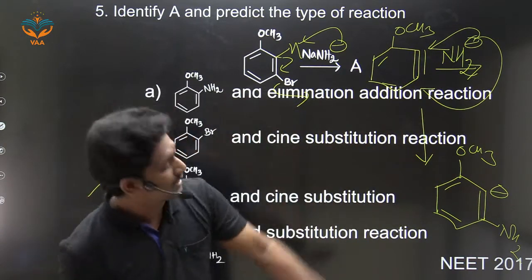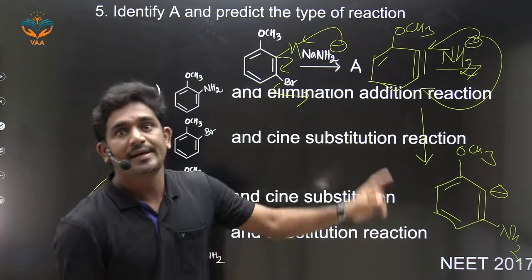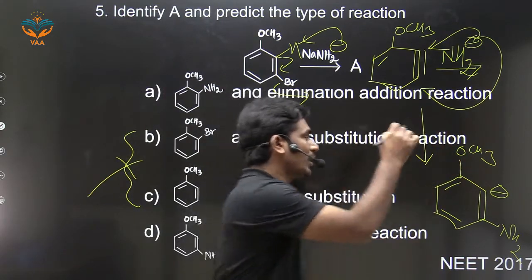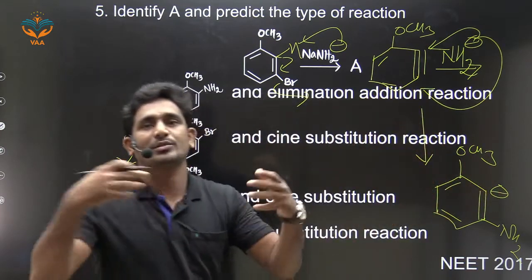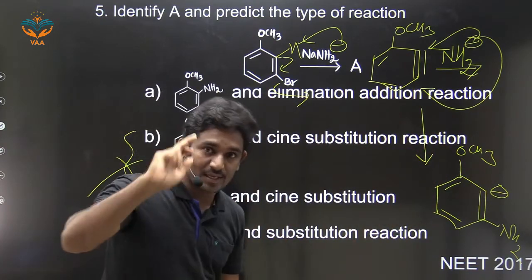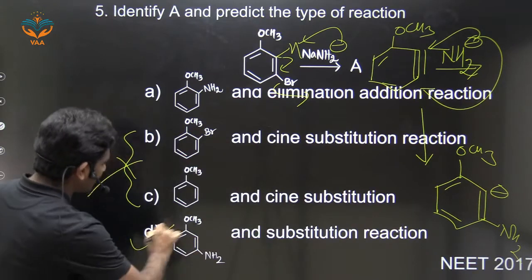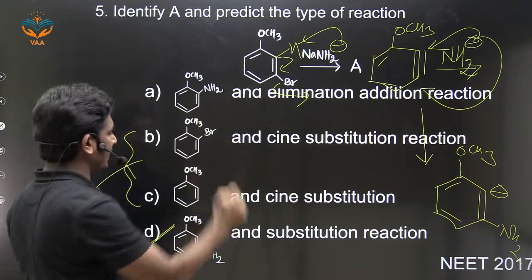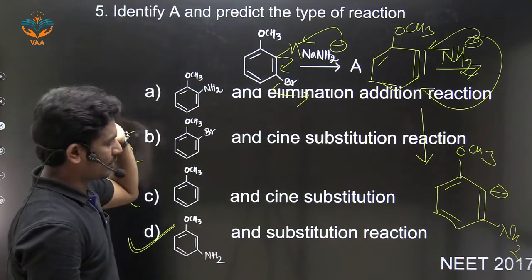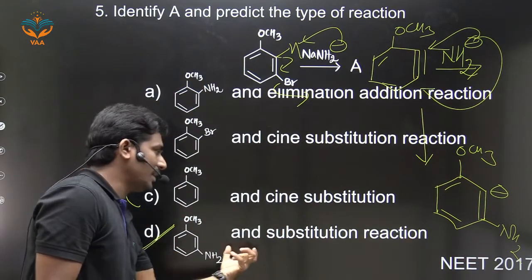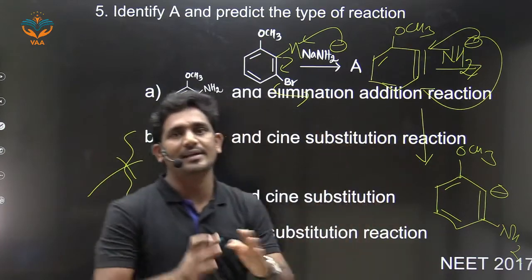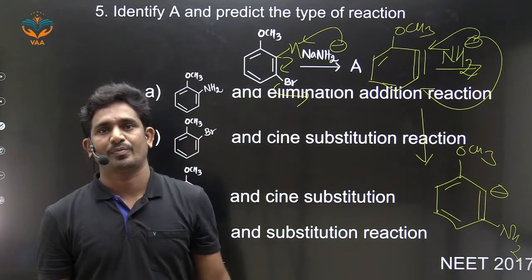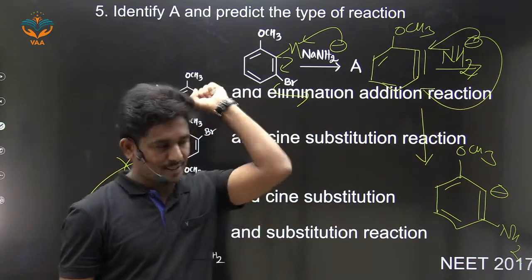This negative charge is more stable compared with the other intermediate, because it is very close to the strong minus I group. This one will take a proton from the solvent and give this compound. So the answer is D. This is the major product, and that is the minor product. Ultimately it is a substitution reaction, Br is replaced by NH2 group. Understand? Right. Thank you.